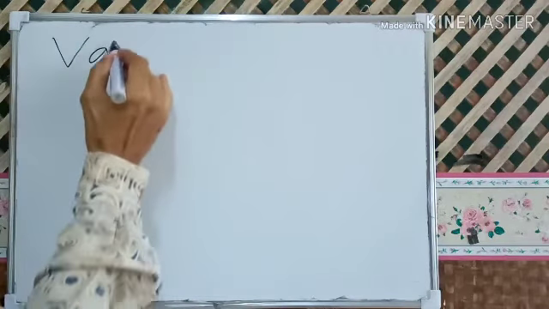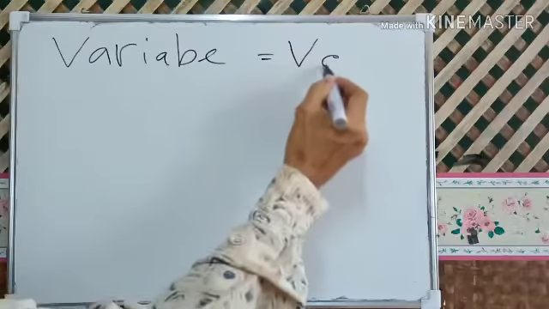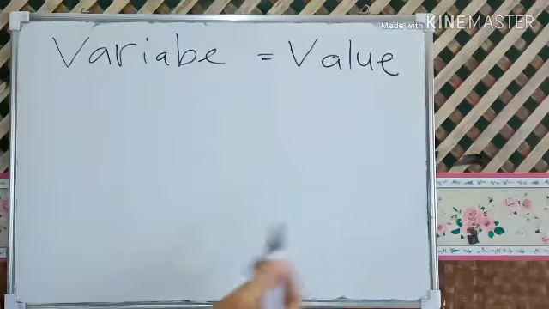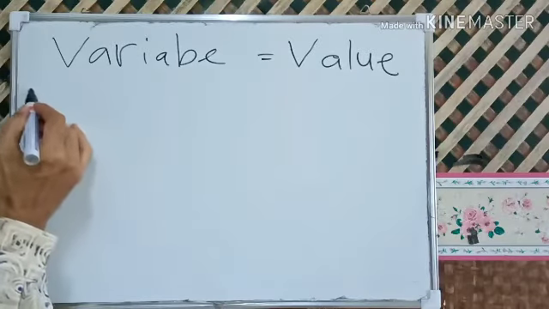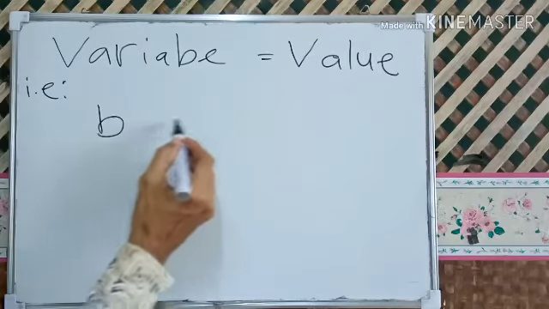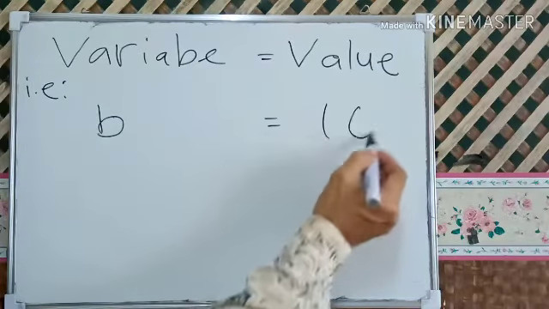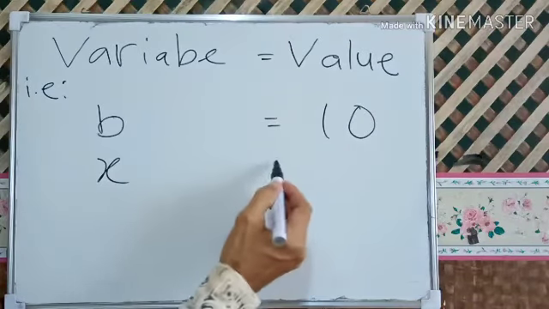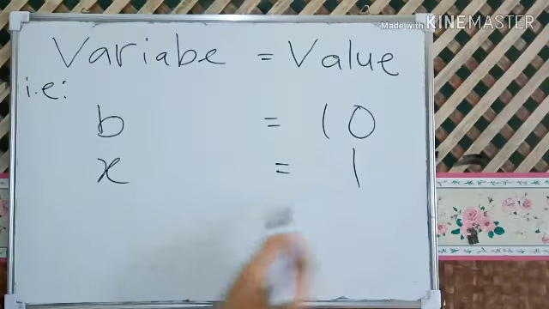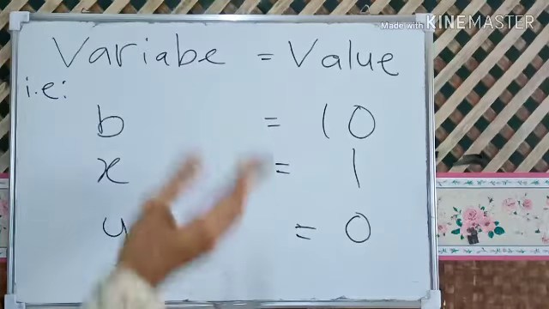Variable, value. Example, B equal to 10, X equal to 1, Y equal to 0, whatever.